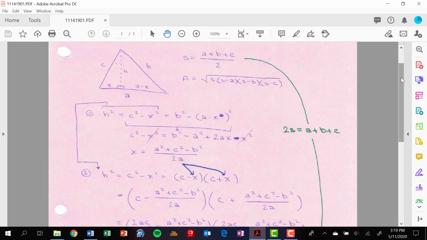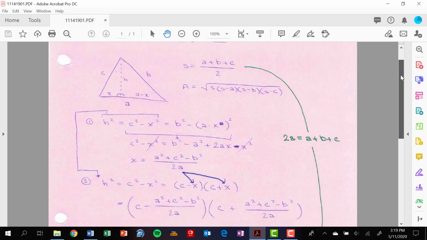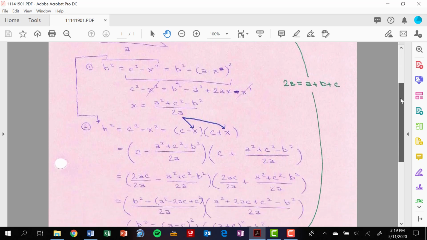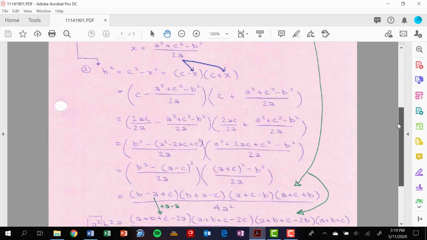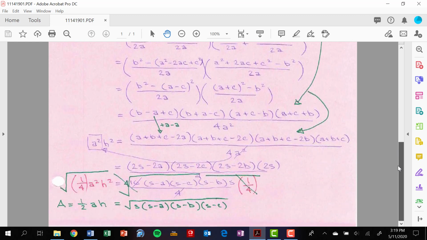But for those of you who are curious, here's what the derivation looks like. I'm going to scroll through it slowly, and you can always slow it down on your video. You will do stuff like this next year in Algebra 2, so be ready for that. But as you can see at the very bottom of the derivation here, you have Hero's formula.